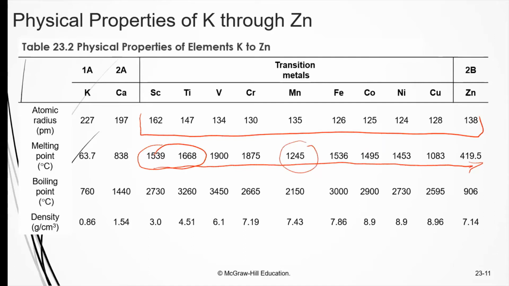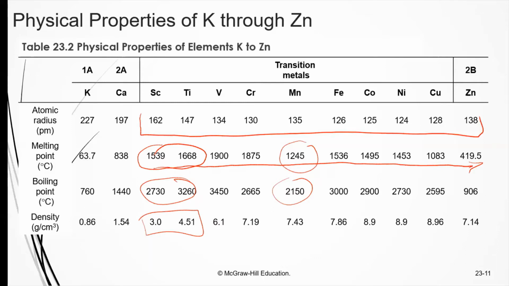We can also see the same thing with our boiling points. Boiling points typically trend towards the right-hand side, but we do have some exceptions here with our scandium and our titanium and our manganese. And that mirrors their densities as well.